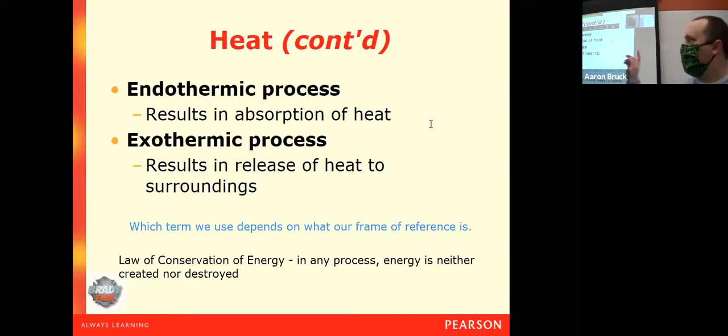So whether we call something an endothermic or exothermic process really depends upon what our frame of reference is. Now, ordinarily, we're thinking about the substance, the system under study. But understand that whatever is happening to that system, the opposite is happening around it. Our law of conservation of energy has to be followed in all cases.